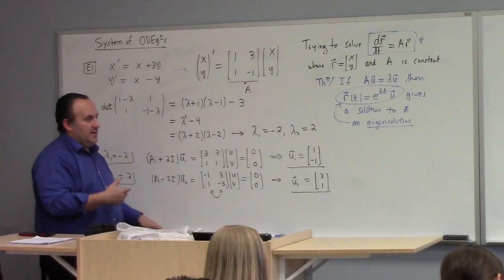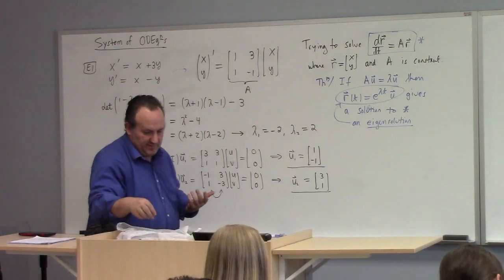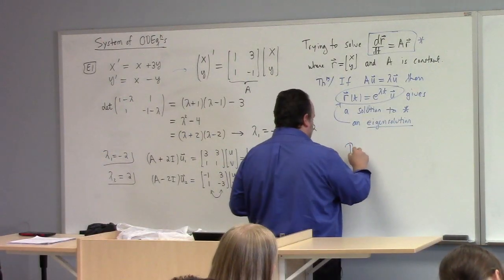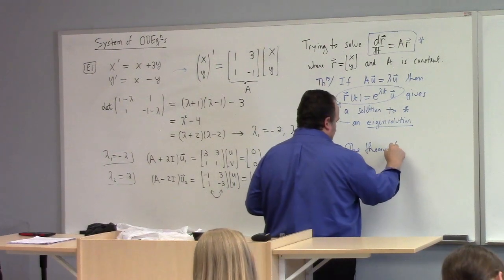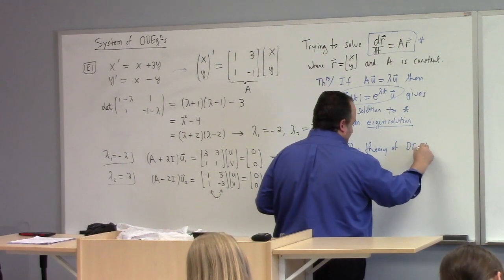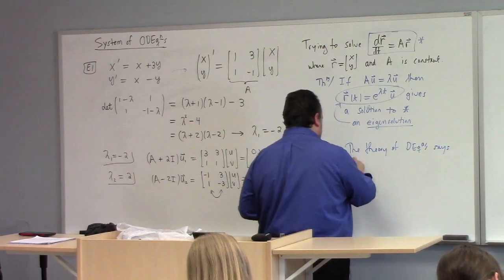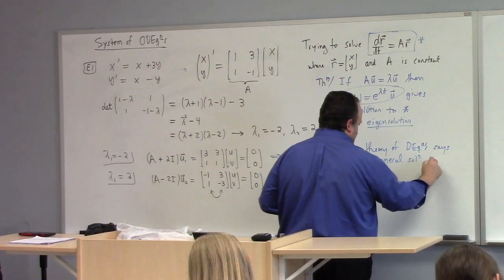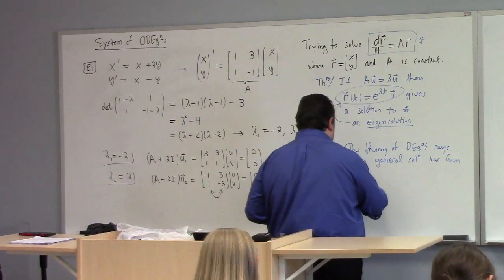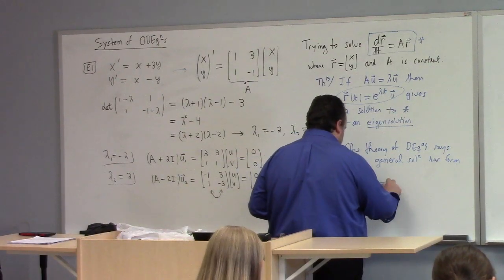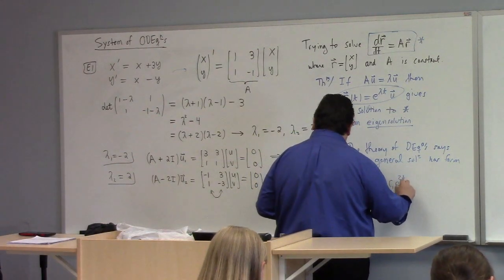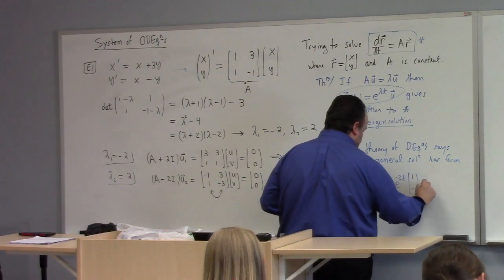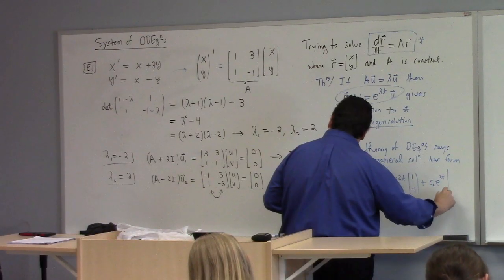Now I need to tell you a little bit more about the theory of differential equations. But rather than writing it formally, I'll just tell you the theory of differential equations then says the general solution has form r of t is equal to c1 e to the 2t times my, e to the minus 2t times 1, minus 1, plus c2 e to the 2t times 3, 1.